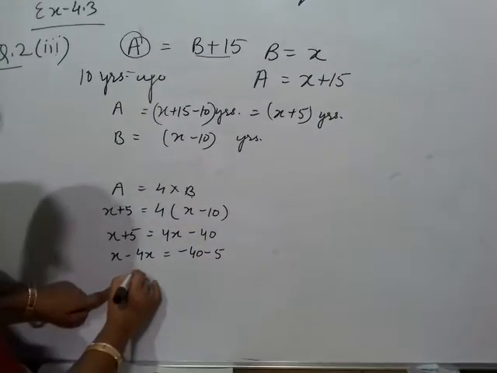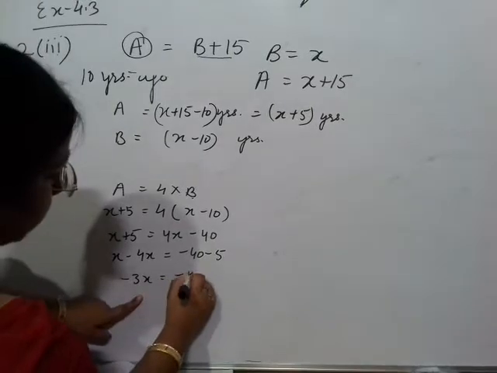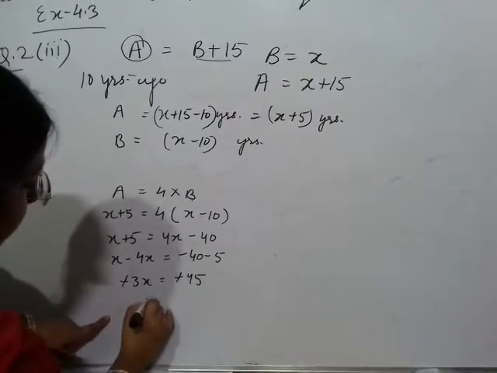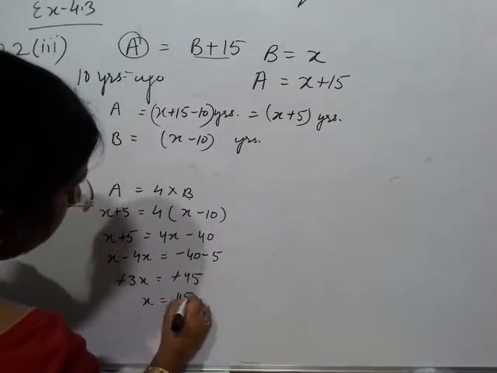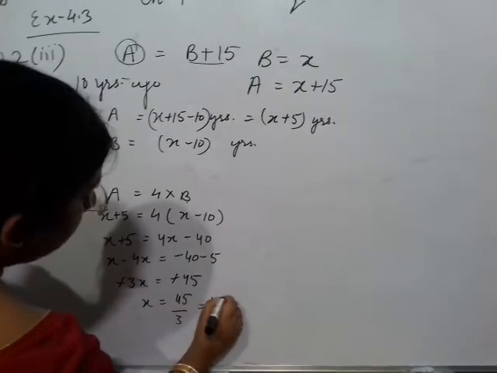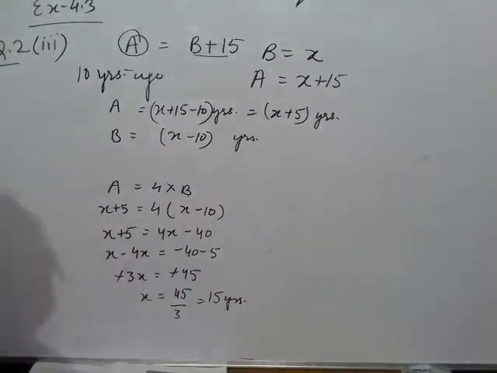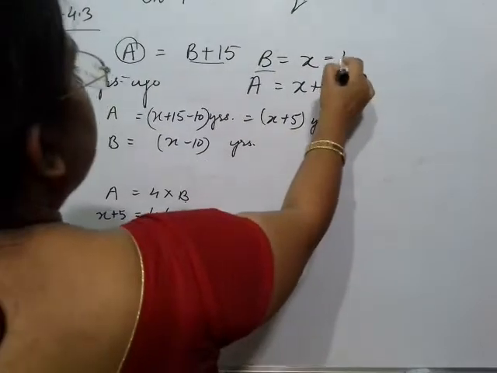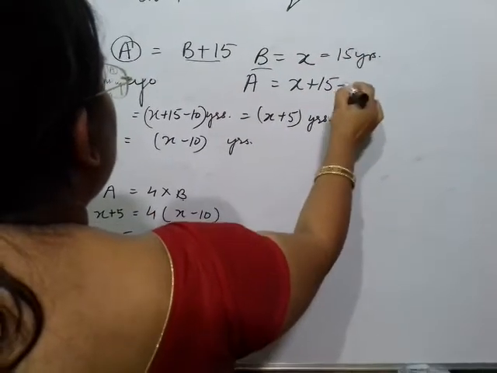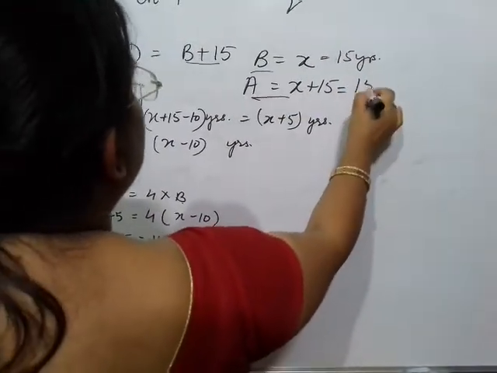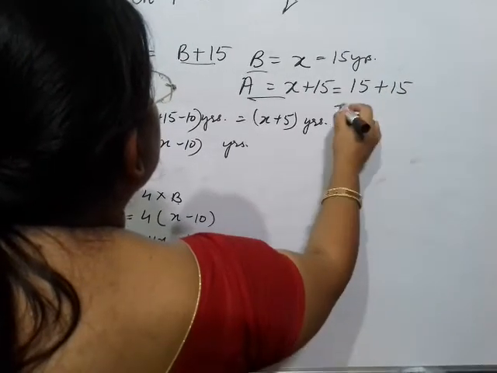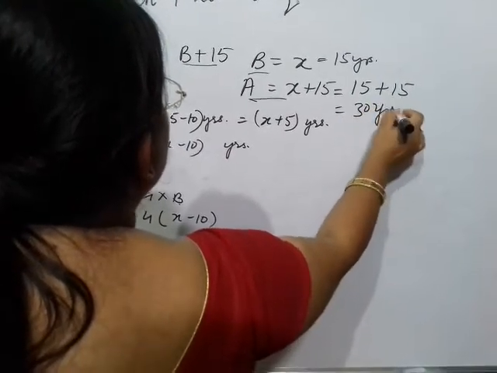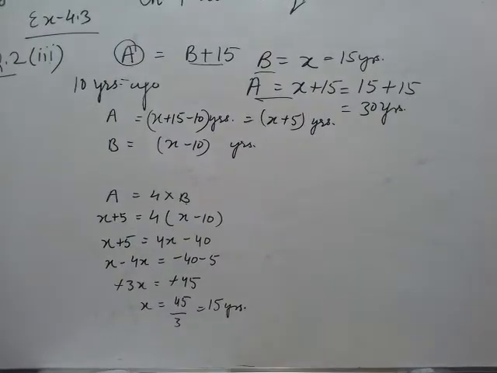Minus 3X is equal to minus 45, minus minus cancel, X is equal to 45 by 3, that is 15 years. That means the age of B is 15 years and the age of A is 15 plus 15, that is 30 years. This is how we can check our answers.